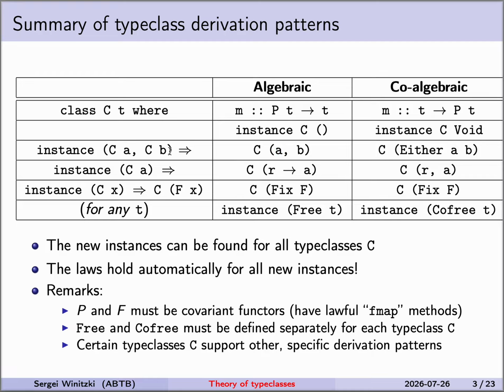So then the pair of two monads is again a monad, and it again satisfies the laws.